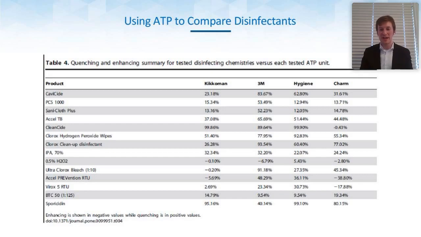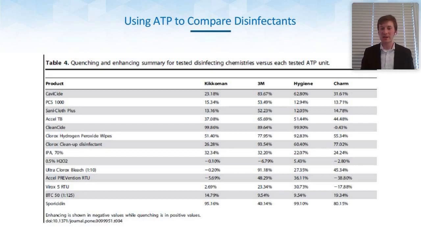So we found that different chemistries can interact with specific ATP meter readings and produce different results as a result of this. And so our recommendation isn't that there's anything wrong with ATP or not to use ATP as a rule, but really what it comes down to is understanding that it's not a reliable way to compare disinfectant chemistries based on these different interactions that they may have.